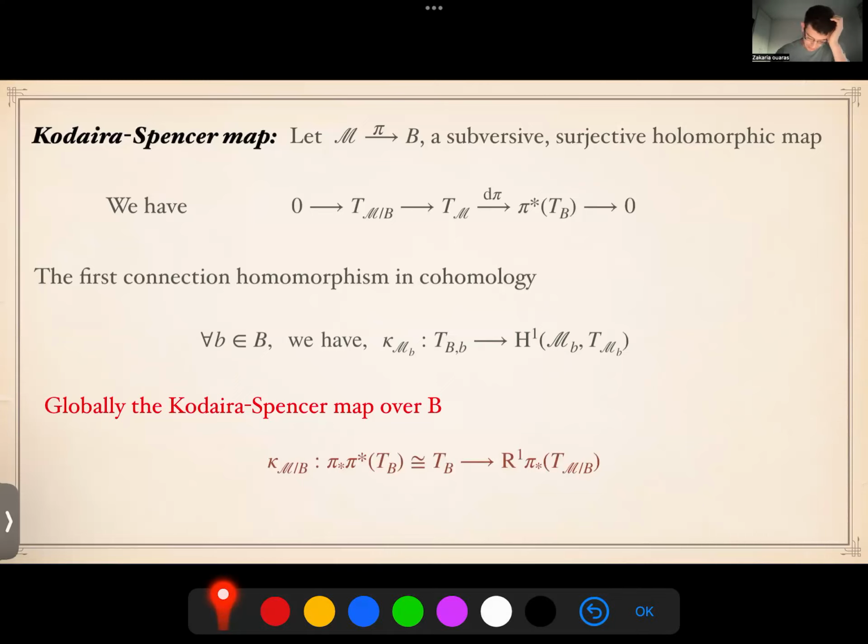So you get a map that takes a vector field on the base and gives you an element of this vector bundle on B, but the fibers here are, in general, not directly, but related to these vector spaces. And here the isomorphism, in fact, you have a twist by the push forward of the trivial line bundle, but if the fibers are connected, you will have just the trivial one. So you have the relative tangent map.